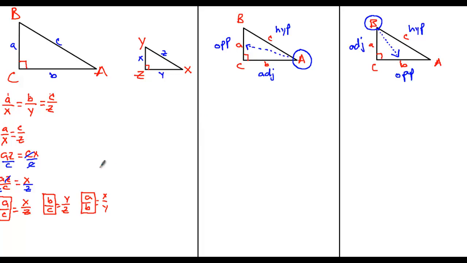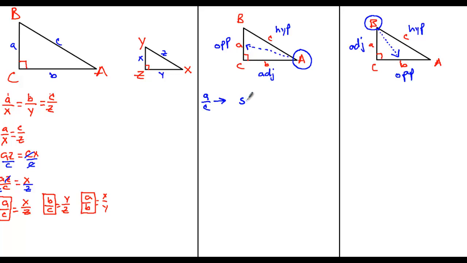And what I want to do is look back at these ratios we wrote down. So when we put A over C, we got that A over C by taking the opposite side from angle A and putting it over the hypotenuse. And that ratio is a specific ratio that always exists in any right triangle that has an angle that's the same measurement as this angle A. So that ratio is called the sine ratio.